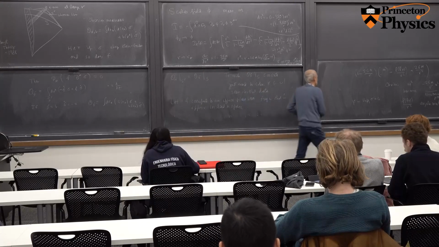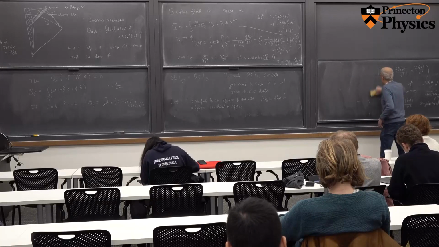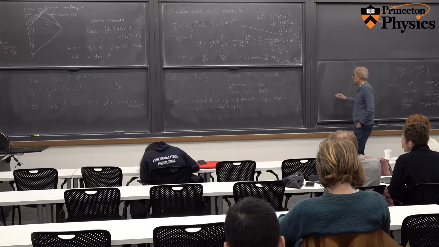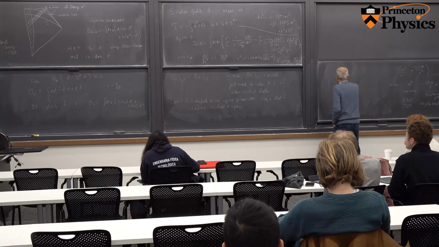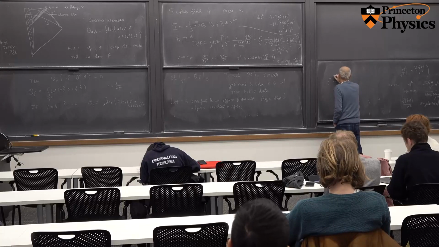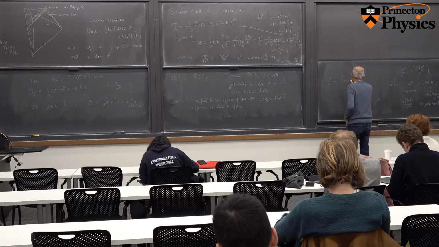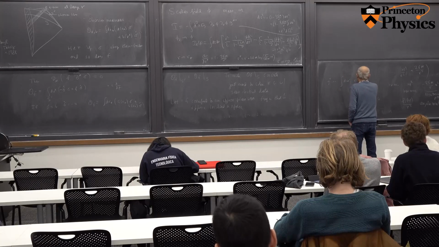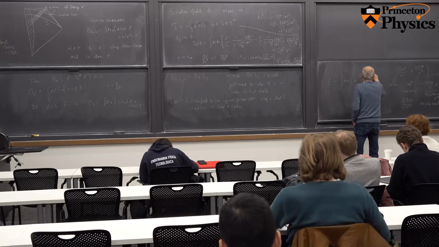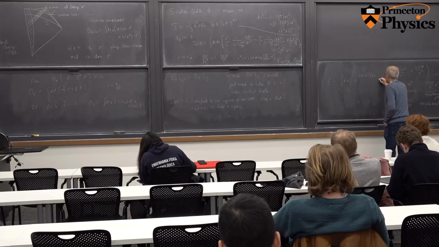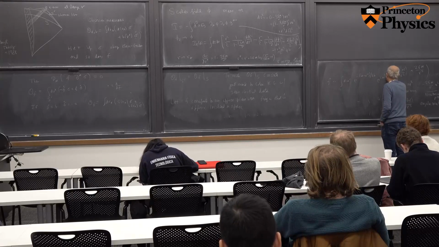So you all learned in elementary quantum mechanics how to construct such a wave. We take f to be something like, for example, the integral d omega prime of e to the minus omega prime squared over 2b times e to the i omega prime r star.